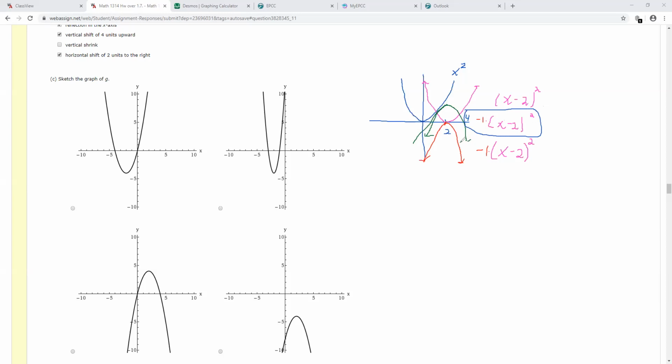So we're looking at the green graph, which has to be opening downward, which is not these two. So it's one of these two. So which one does it look like, ladies, here? The one on the left.